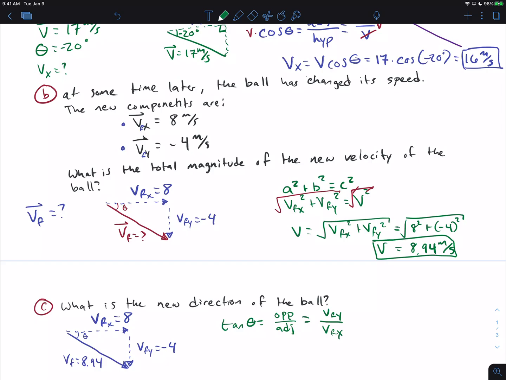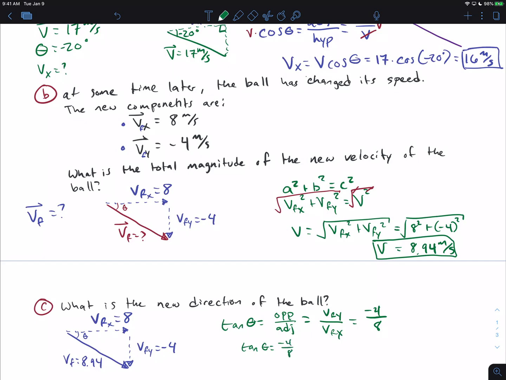Okay, so when I plug this in, what I'll get, just from my triangle by looking at it, VFY is -4 over 8. But there's a problem here. Yes, I have, okay, tangent theta is equal to -4 over 8. I'll just write that here, -4 divided by 8.